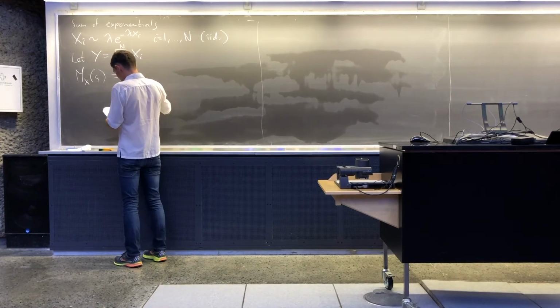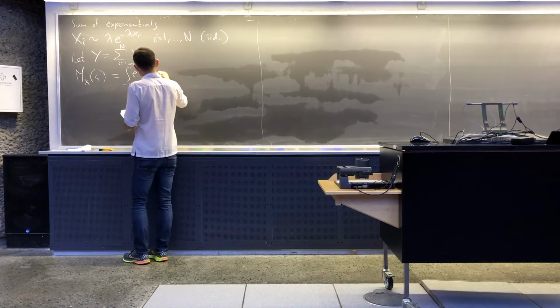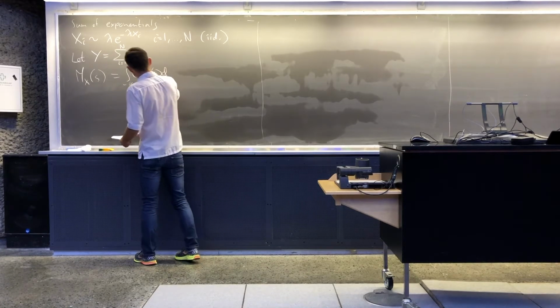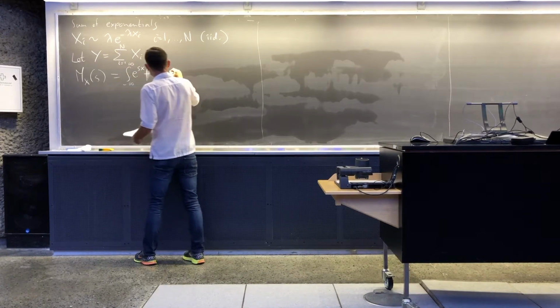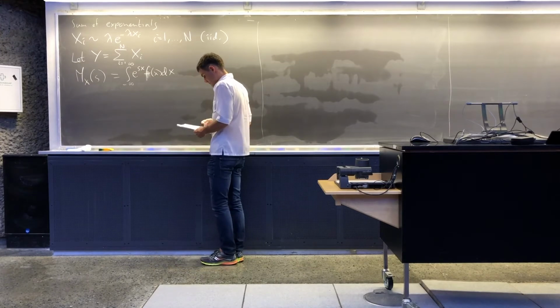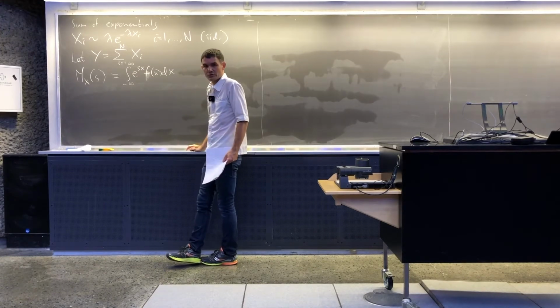To do that, I must solve an integral. In principle, it's this integral, e to the power of sx, using my new notation, f of x dx, going from minus infinity to plus infinity.